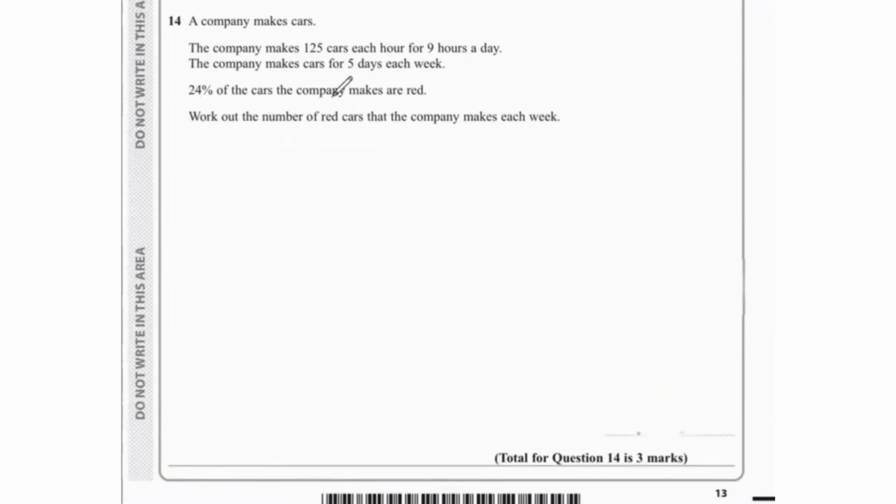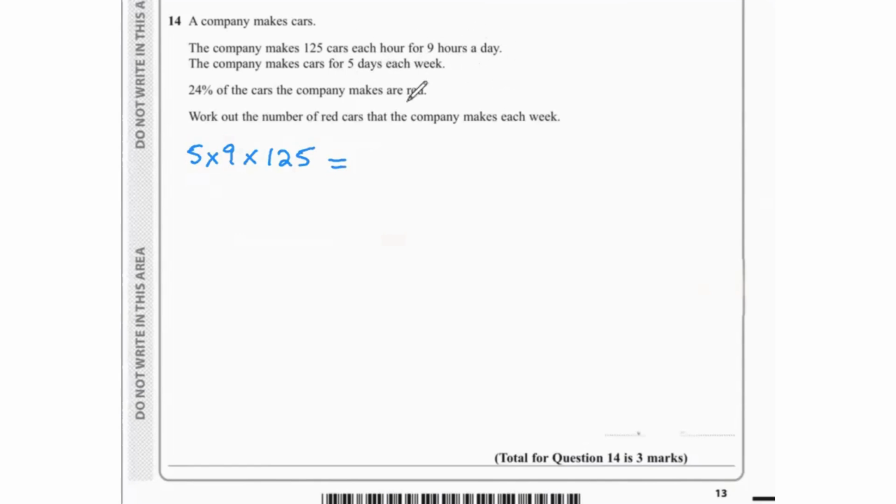So 24% of the cars are red. And the company makes 125 cars each hour for 9 hours a day, working for 5 days each week. So 5 times 9 times 125 will give us the number of cars made each week.